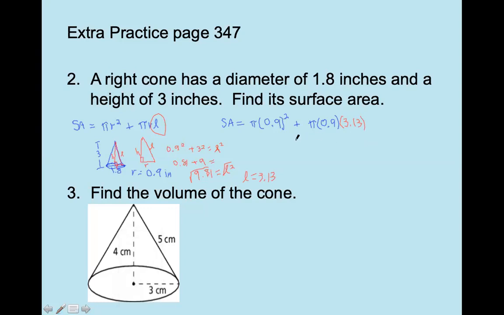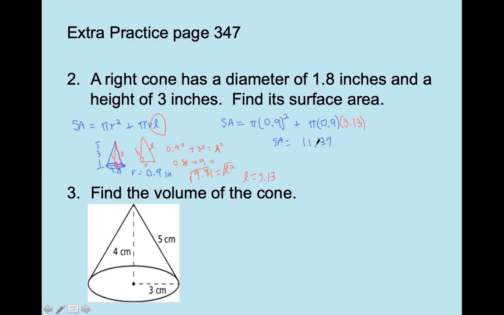So now if I put this all together, I get that the surface area is 0.9 squared times pi plus 0.9 times 3.13 times pi, and we end up with a total of 11.39.